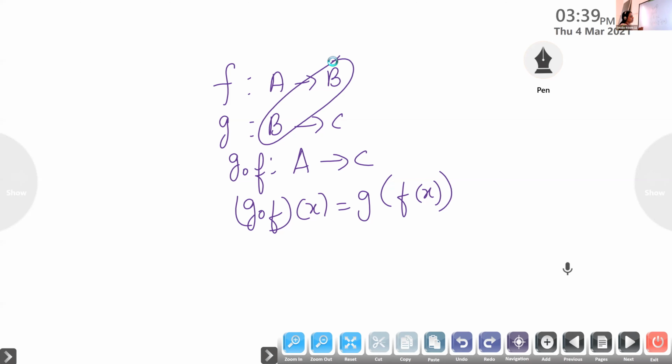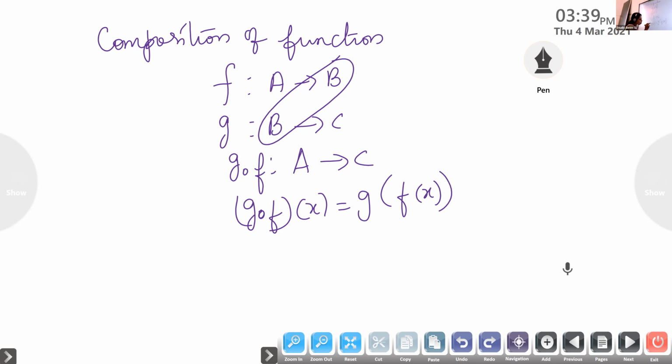Then only we will be able to define the composition of functions. Then g composition f is defined by g composition f of x is equal to g of f of x. This composition of functions is otherwise called function of function.